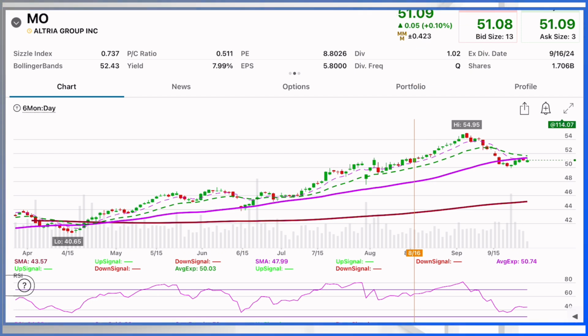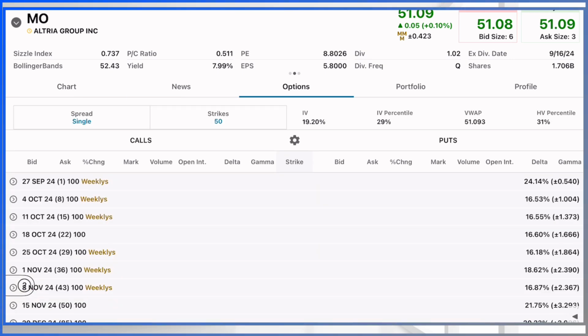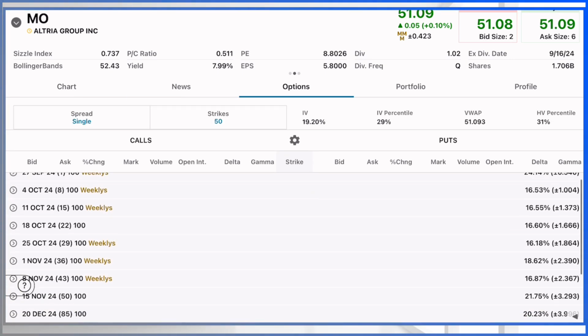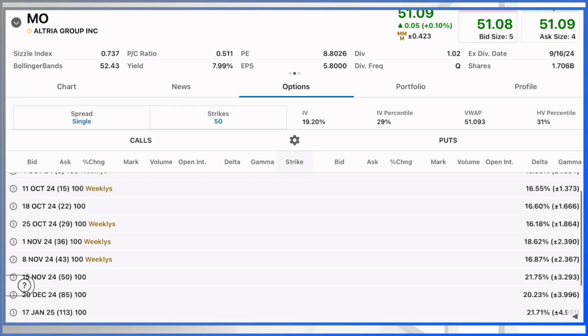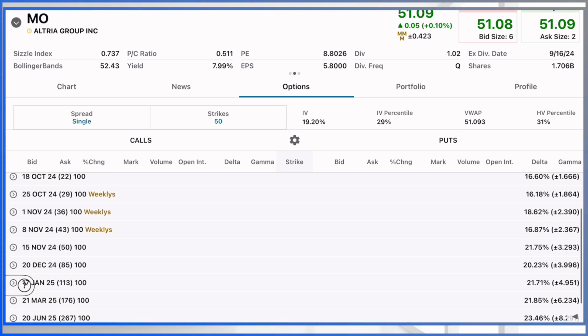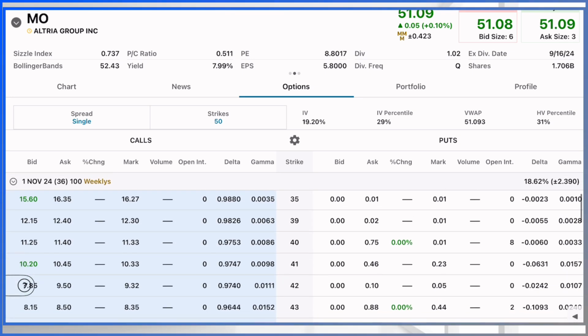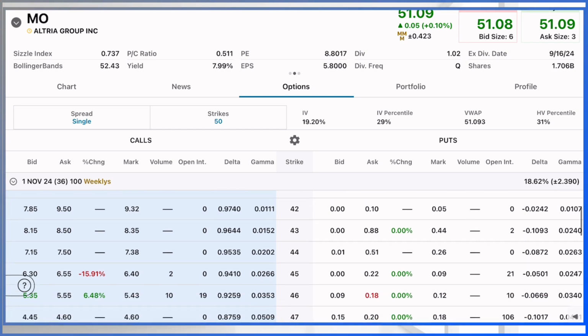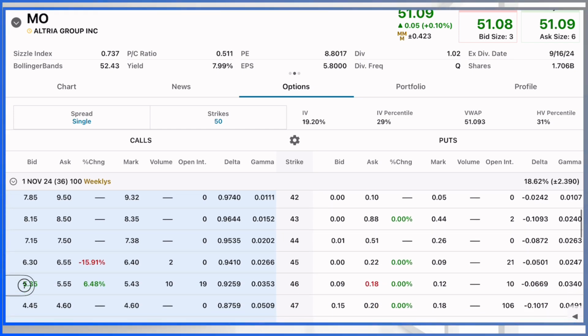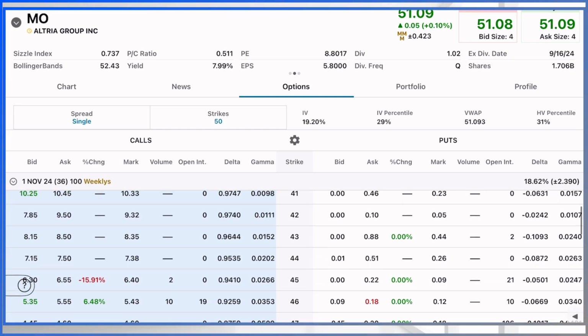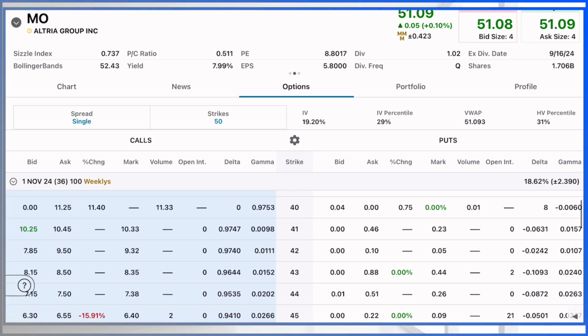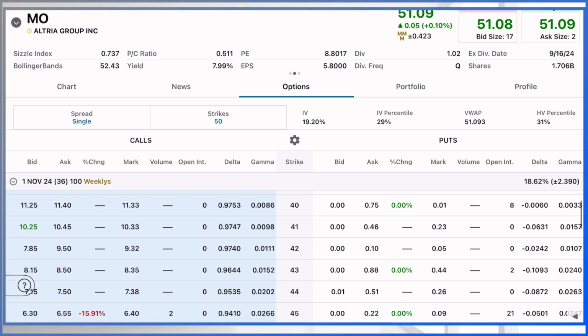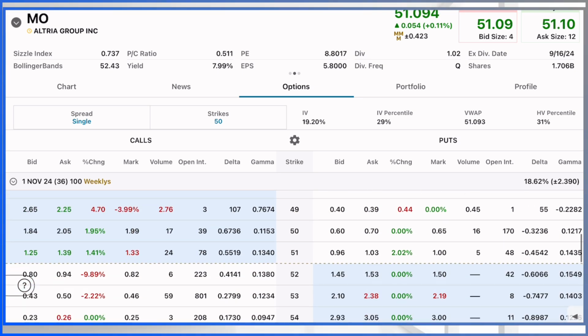It's got plenty of volume, and I guarantee you we're going to see a very, very active options market, which we do. So let's just go down to November 1 and see what it gets for 36 days out. So look at that. The bid ask, those are good numbers. Imagine getting $7.85, $10.